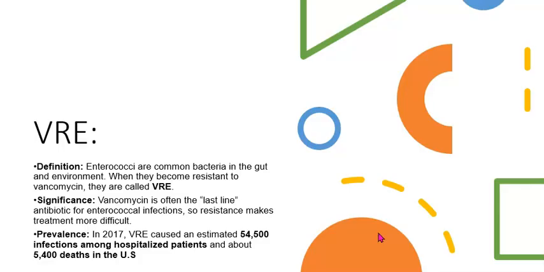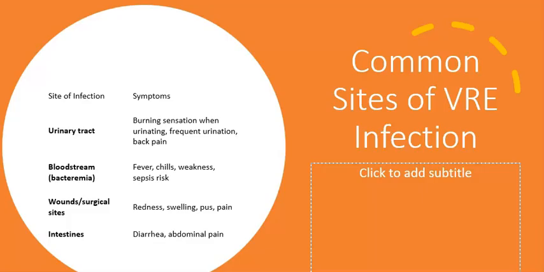In 2017, VRE caused an estimated 55,000 infections among hospitalized patients and about 5,400 deaths in the United States, and that's according to the CDC website. Common sites of VRE infection: urinary tract, bloodstream, which could lead to bacteremia, wounds, and intestines.